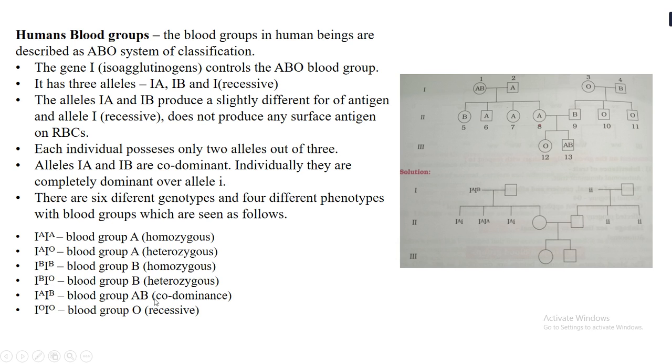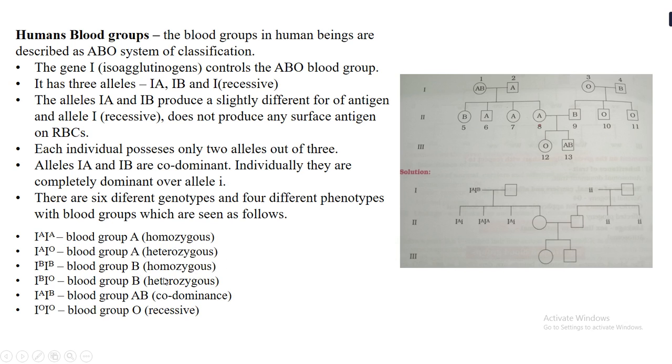Then comes codominance, where the alleles are IA and IB. The blood group here will be considered AB, because they are showing codominance. And when the alleles are IO and IO, the blood group is O, and this is recessive. So you can see that there are 6 different genotypes: 1, 2, 3, 4, 5, 6, and 4 phenotypes.